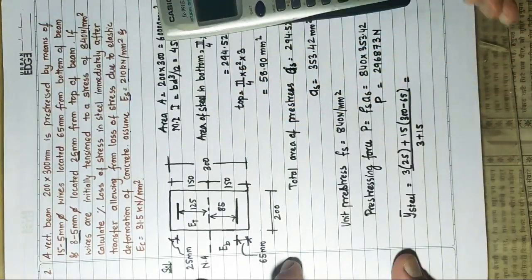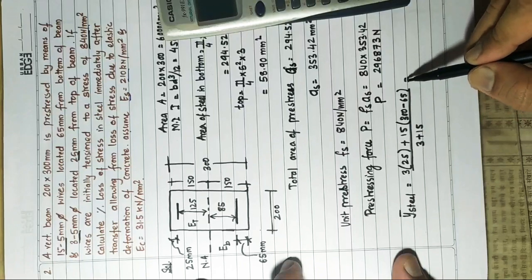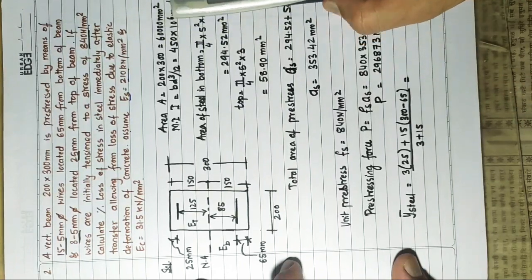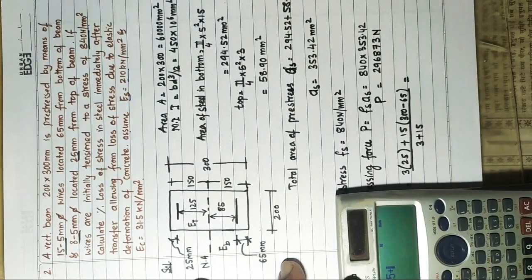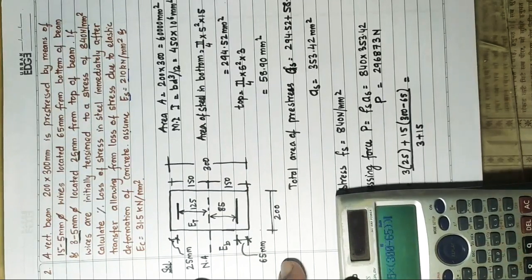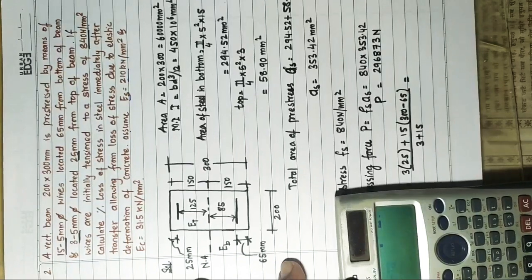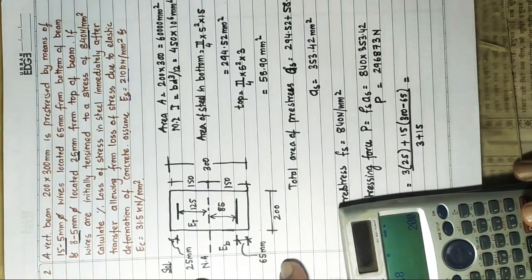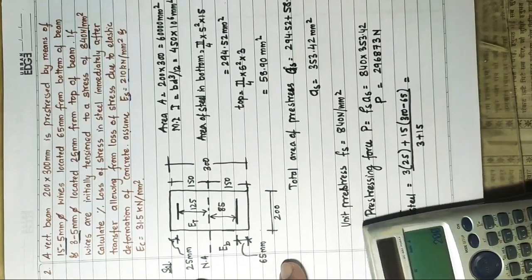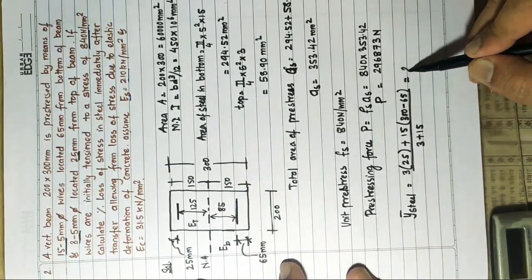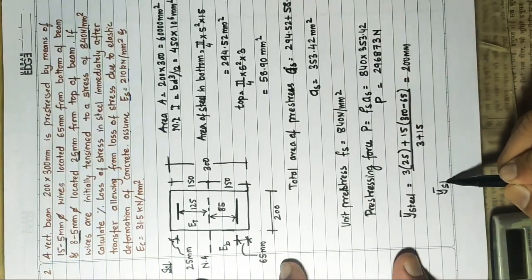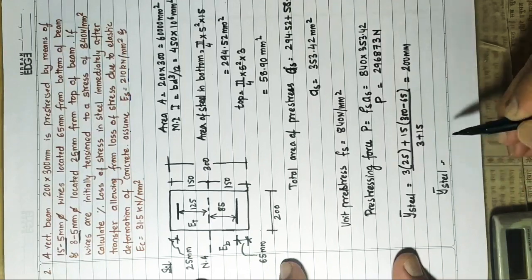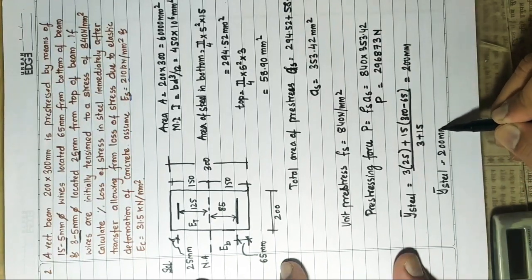So the CG of steel is 3 into 25 plus 15 into (300 minus 65), altogether divided by the total number, which comes out to around 200 mm from the top fiber. So y bar of steel equals 200 mm from the top fiber.